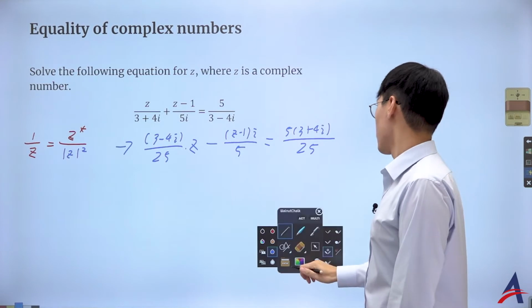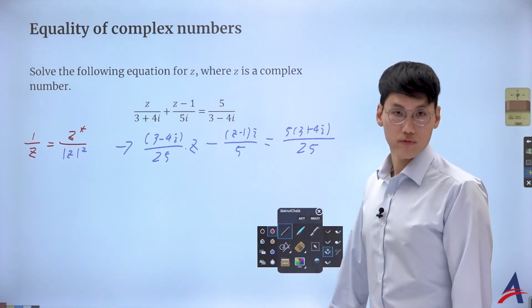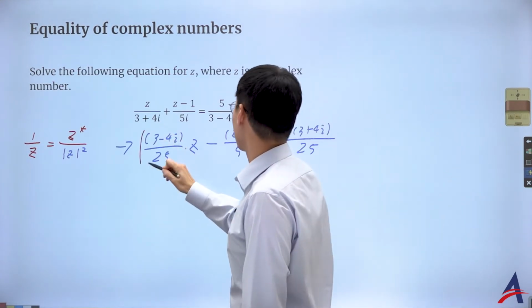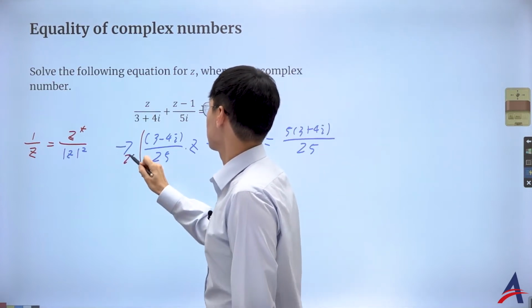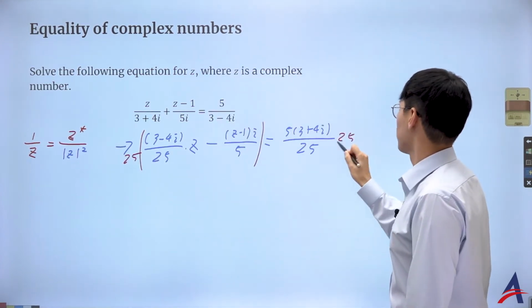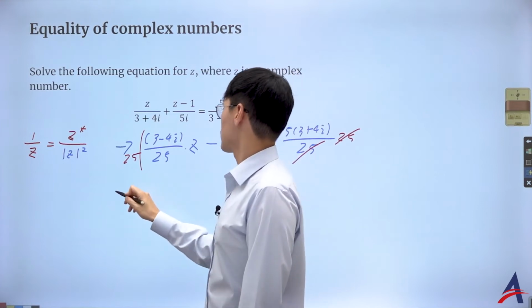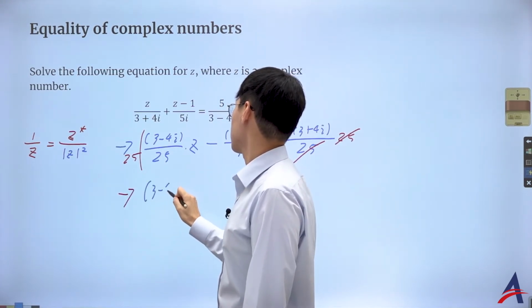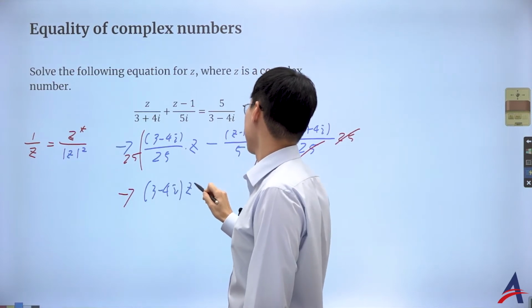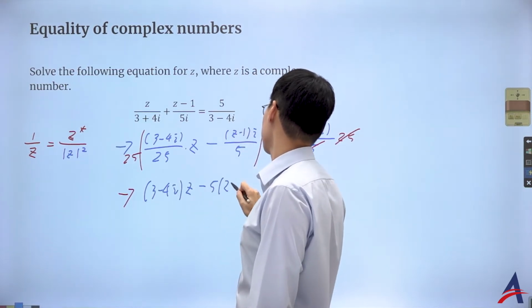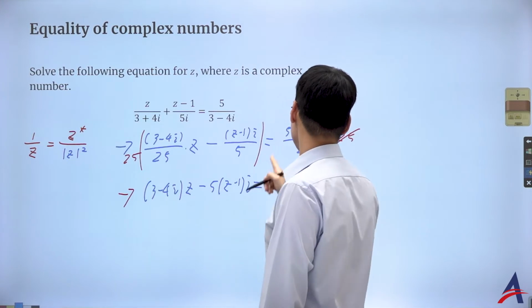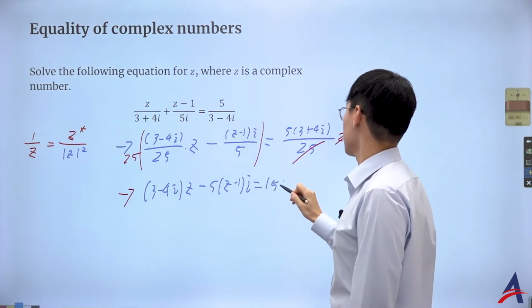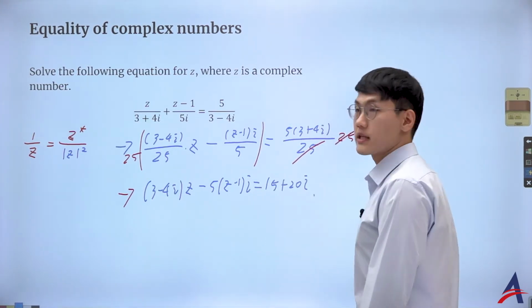Now I don't want to work with fractions, and I can simply multiply by 25. Then if I do the distribution here, my friend, I'm going to get 3 minus 4i, z minus 5, z minus 1i is equal to 15 plus 20i. Right, so that is lovely.